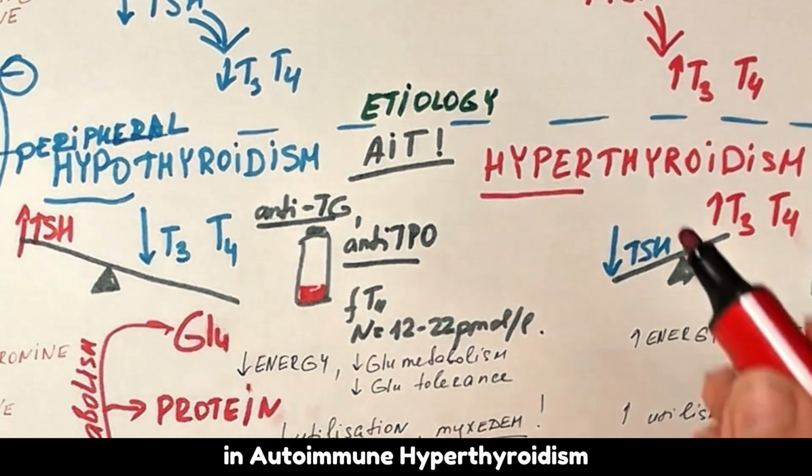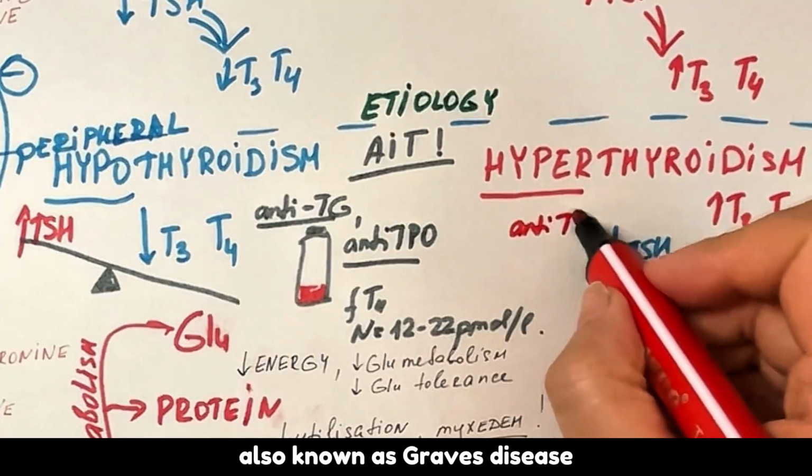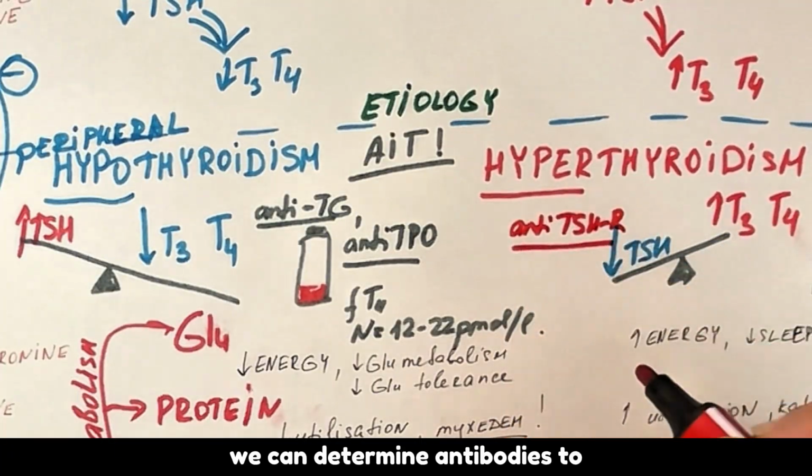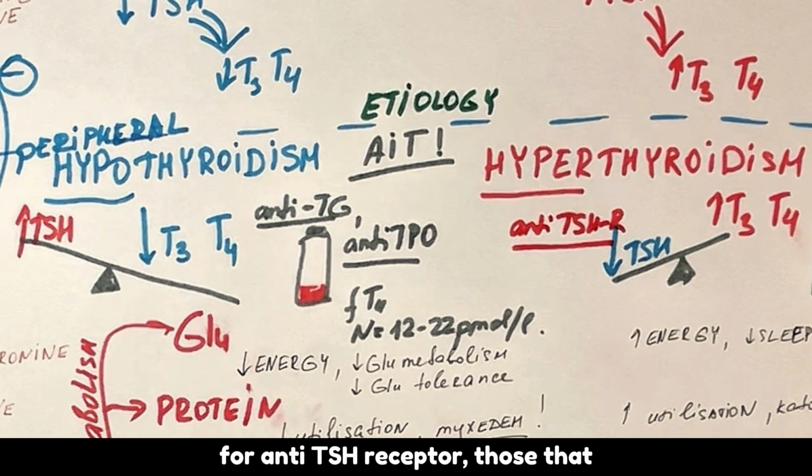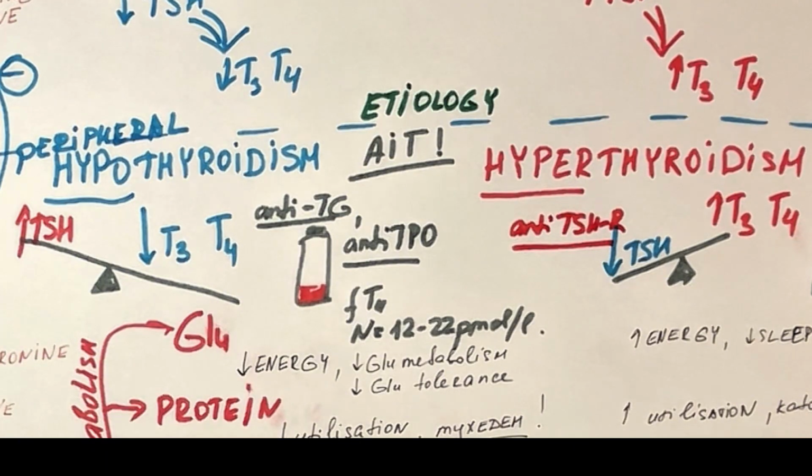In autoimmune hyperthyroidism, also known as Graves' disease, we can determine antibodies to external structures of thyroid tissue, anti-TSH receptor antibodies, those that indicate external stimulation.